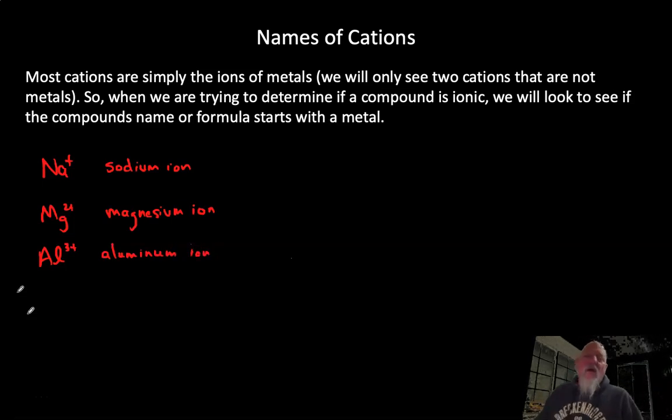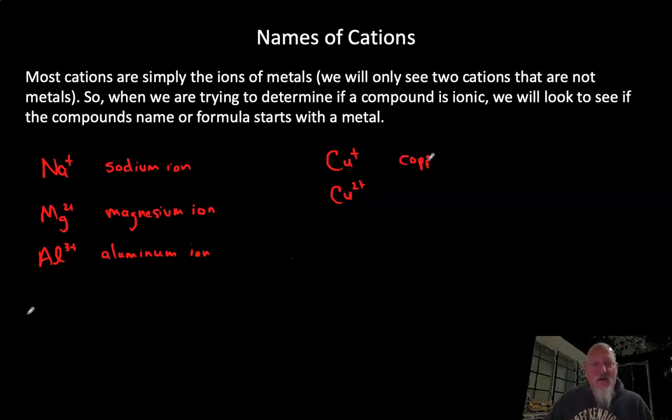Okay. For transition metals that have more than one stable ion, like copper, so copper's got a 1+ and a 2+ ion, in the name we have to tell you the charge because there's no other way to know. So for example, Cu+ is called the copper(I) ion, and the I is a Roman numeral in parentheses right after the name.